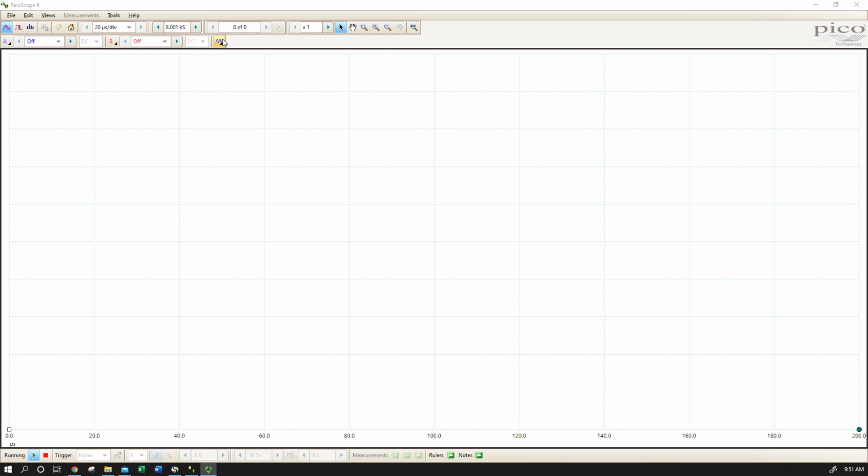Now, something important to remember with our AWG, and I'm pulling up my signal generator here now, my arbitrary waveform generator. The output impedance of the AWG on our Picoscope, our 2204 Picoscope, is about 600 ohms.